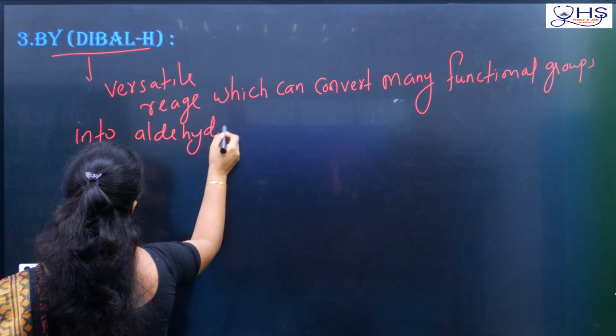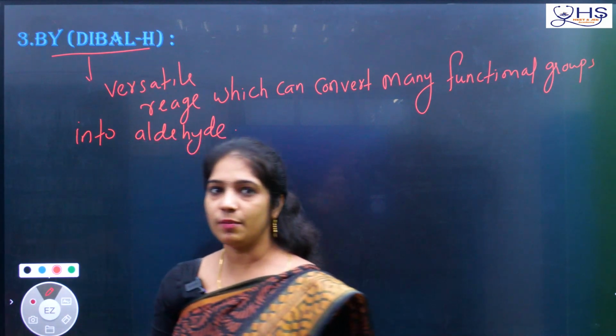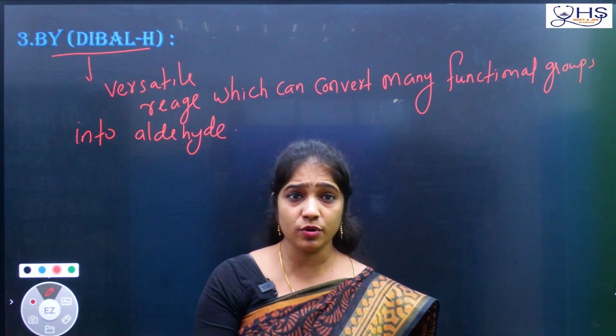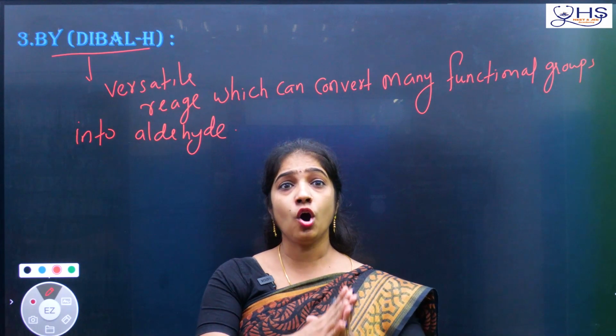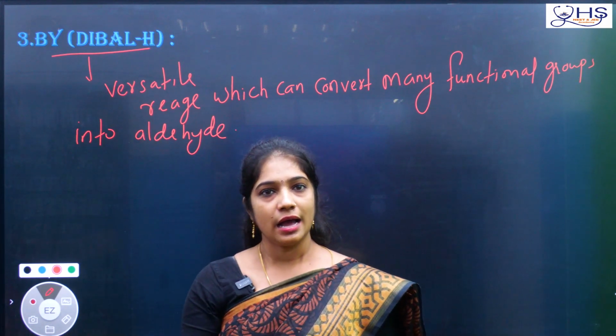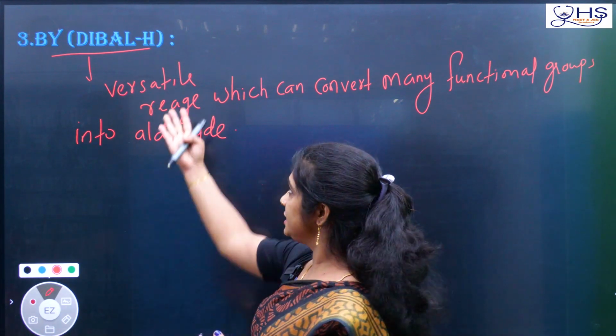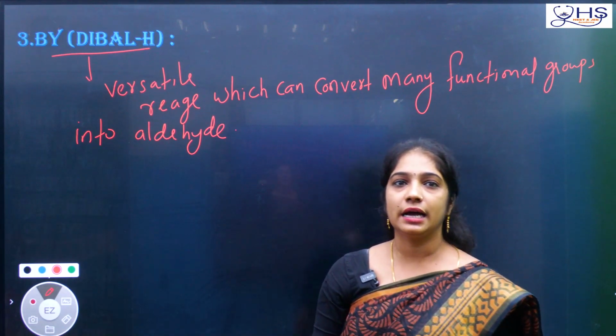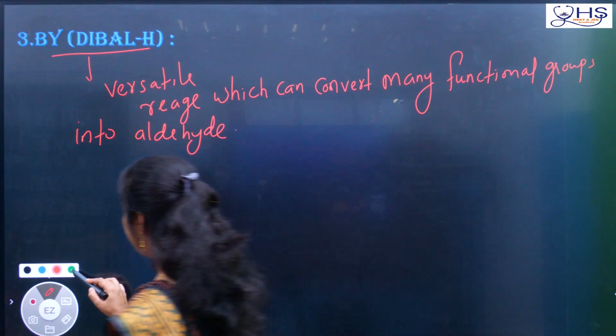If I have amide, acid halide, carboxylic acid, or ester, and I want to convert all of them into aldehyde, then what reagent do I have to use? I have to use DIBAH. Let's see what DIBAH is.